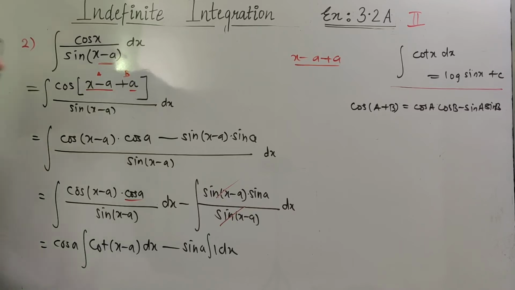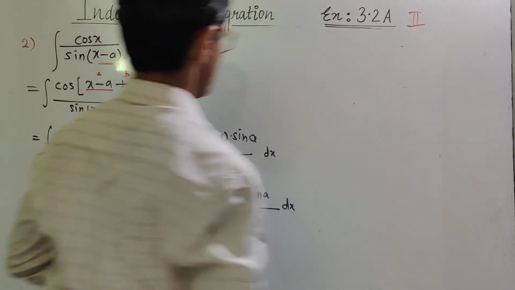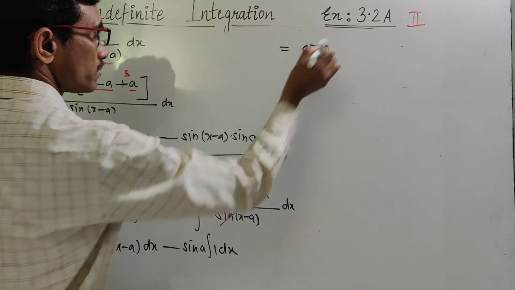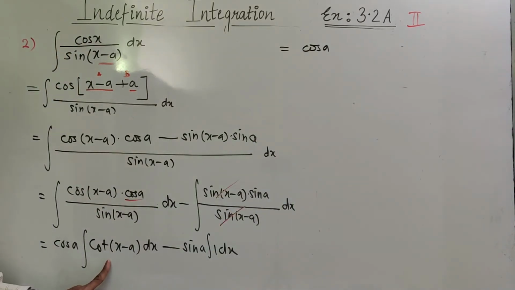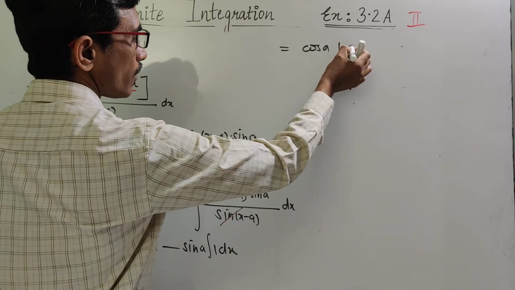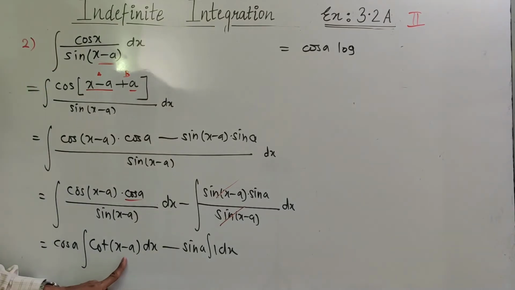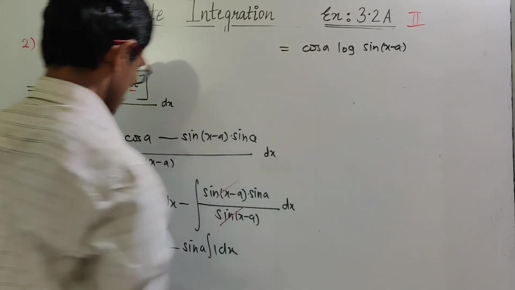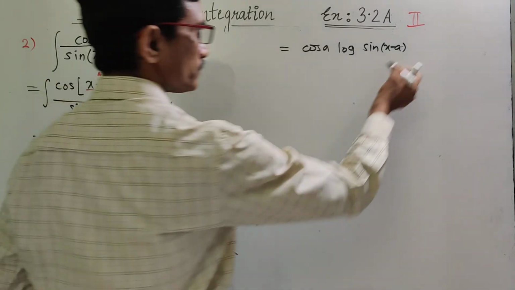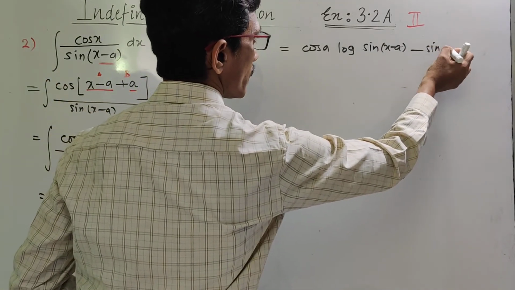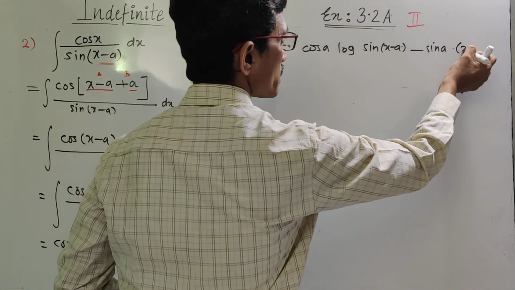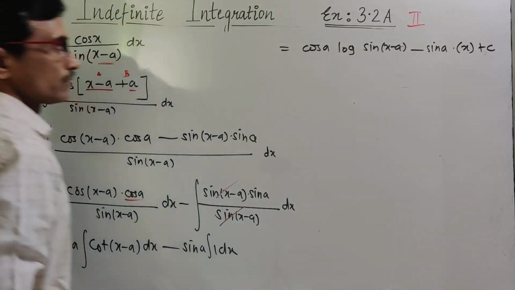Then we integrate this, so integration of cos of a, integration of cot is log of sin of (x minus a), minus sin a into the integral of this, which is x plus c, which we can rearrange.